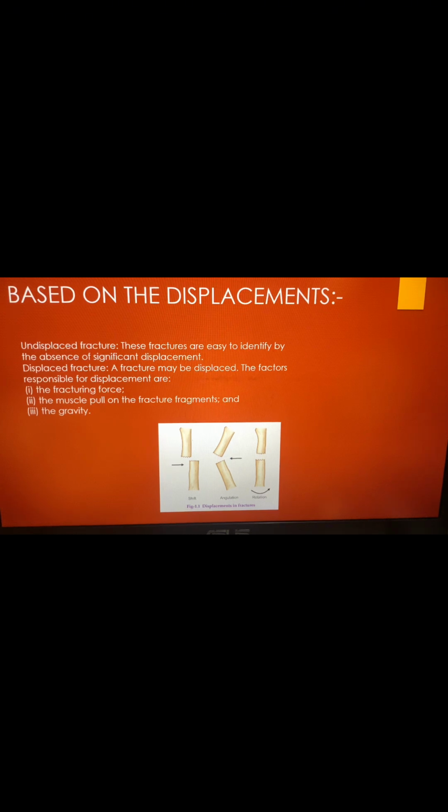In the angulation, the bone breaks and there is a space between the fragments, which goes to the skin. And in the rotation, the bone that has been broken will rotate, and the one which sticks to the joint will stay.